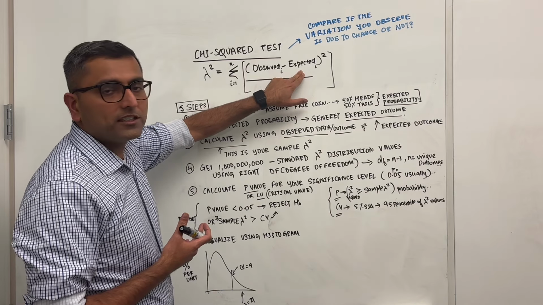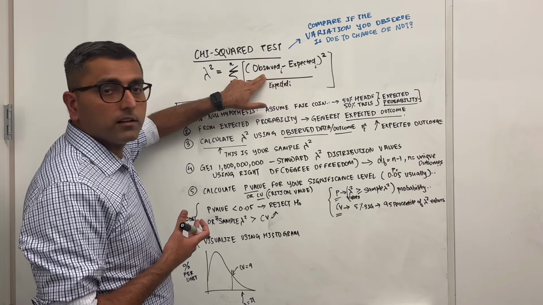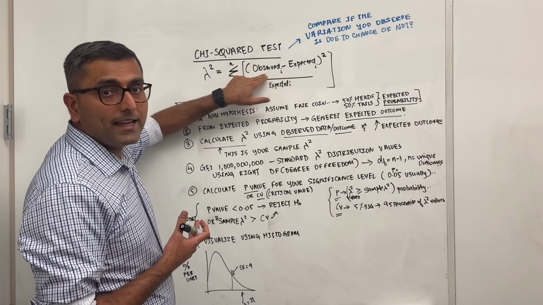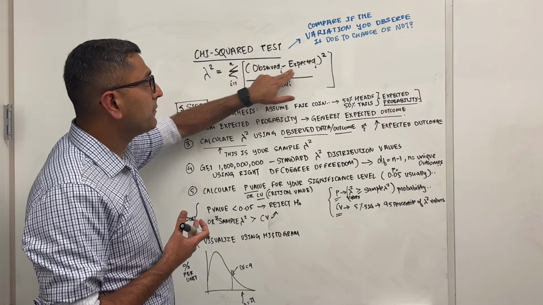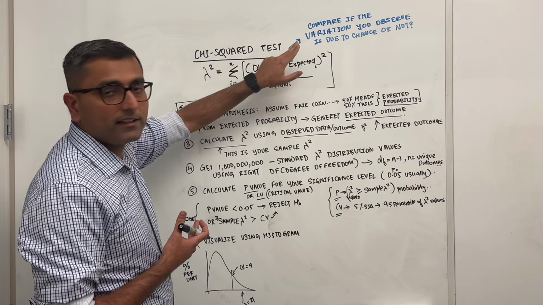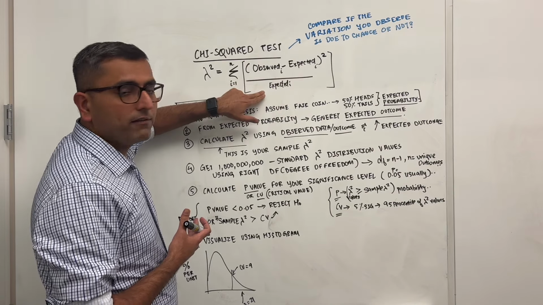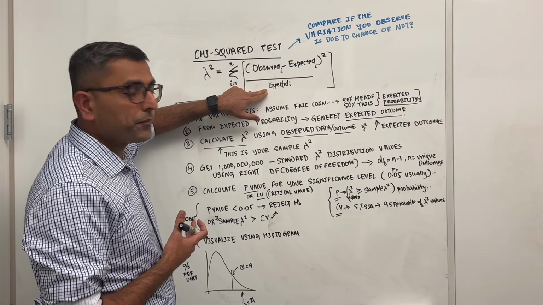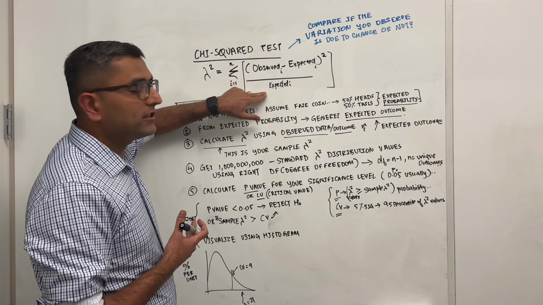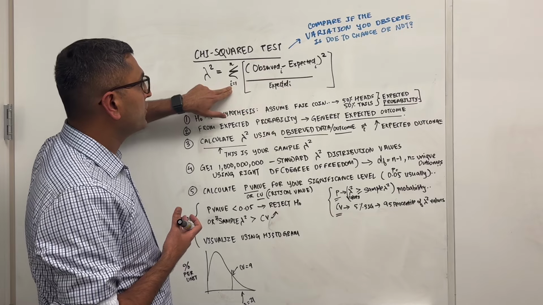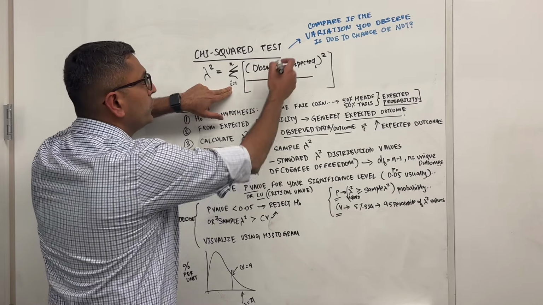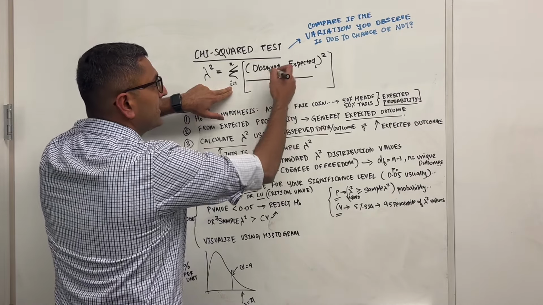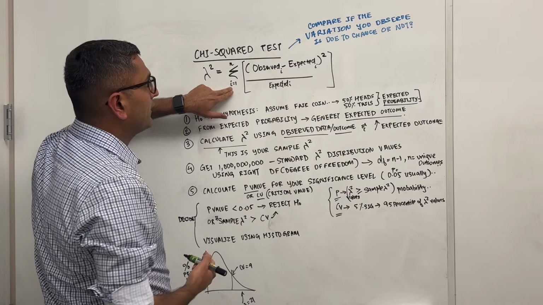You compare your expected value with the observed value by taking the difference, observed minus expected, squaring it, and dividing that by the expected value. Then you do it for all possible observations and sum them. So you do this for heads, you do this for tails, and then you sum for both.